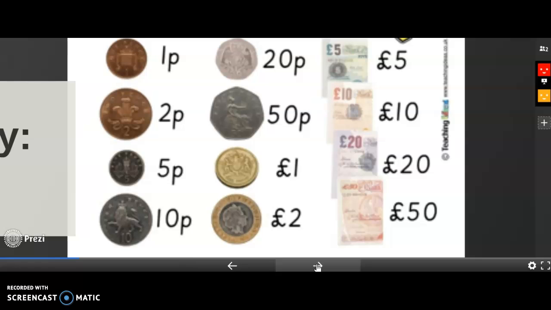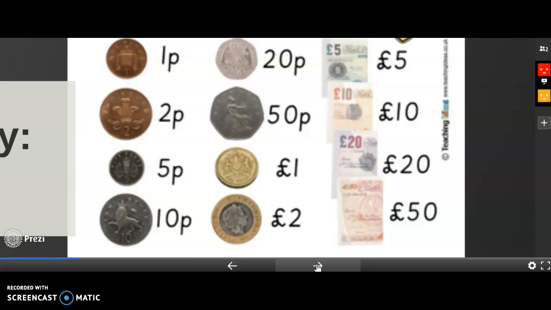So what is it? 1p. 1p coin or note? Coin. 1p coin. Good. So that's a 1p coin, a 1 penny coin. Okay. Number 2. 2p coin. It's a 2p coin or a 2 pence coin.